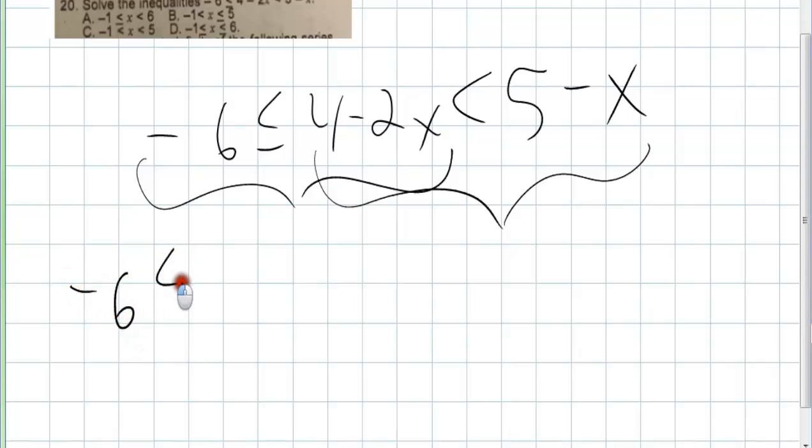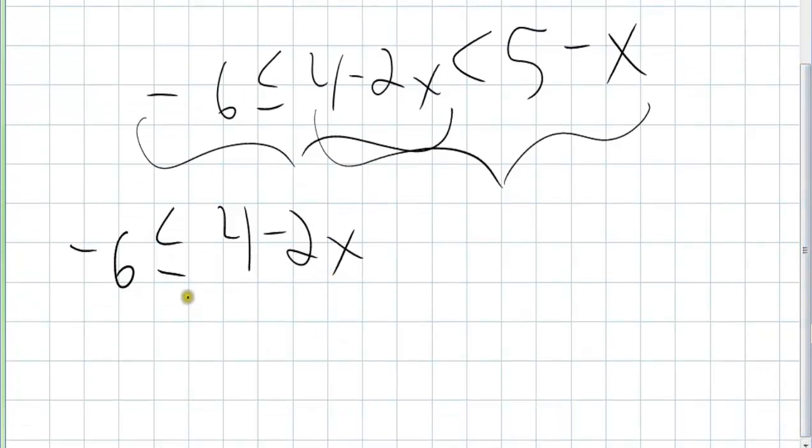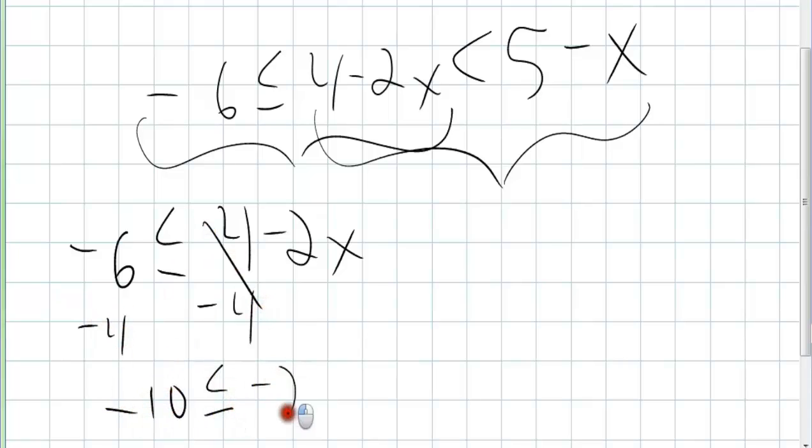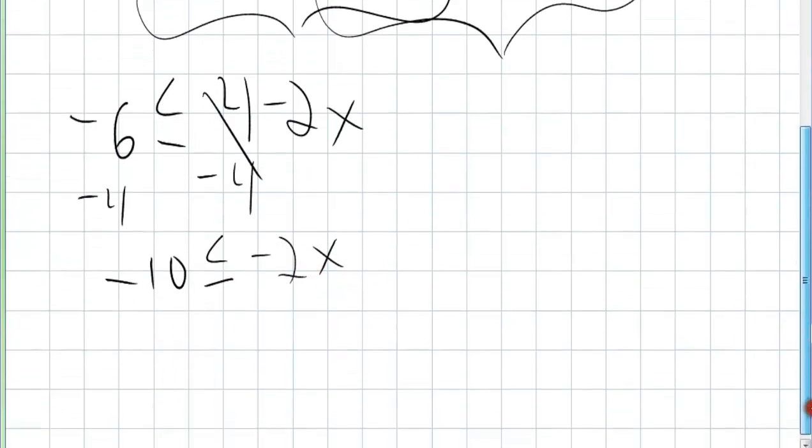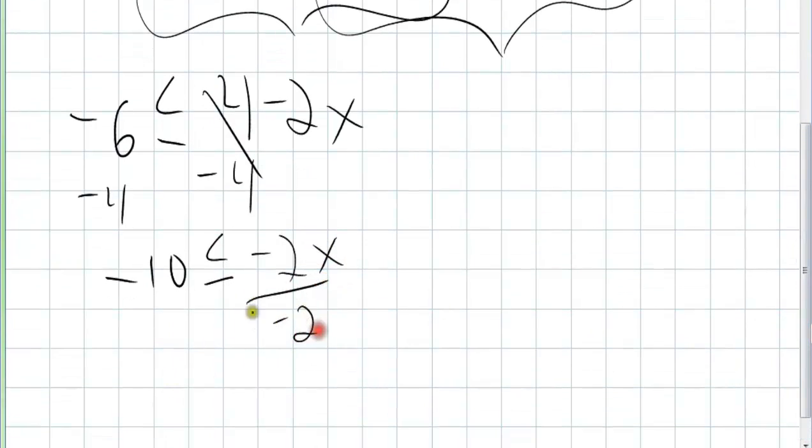So here's -6 less than or equal to 4 minus 2x. What we're going to do is just solve for x. I'm going to subtract 4 from both sides. We get -10 is less than or equal to -2x. And then I'm going to divide by -2.